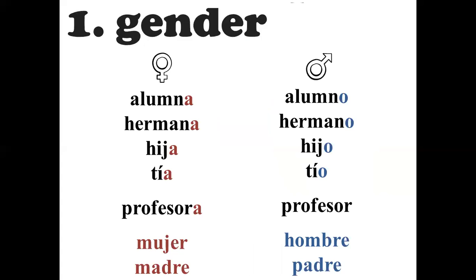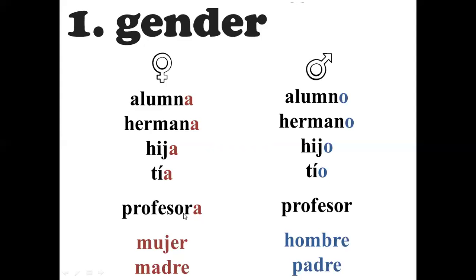So there are, however, some cases where when you're referring to a human being, gender does actually refer to the gender of the person. Alumna, female student. Alumno, male student. Hermana, sister. Hermano, brother. Hija, daughter. Hijo, son. And then those are the ones that are the A endings and the O endings.